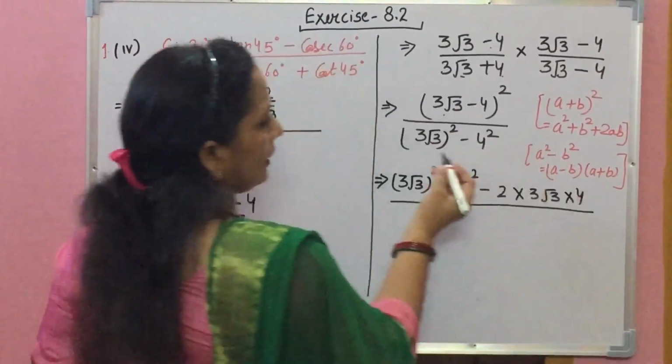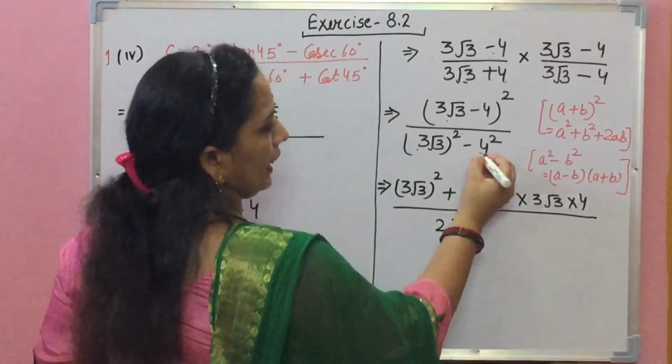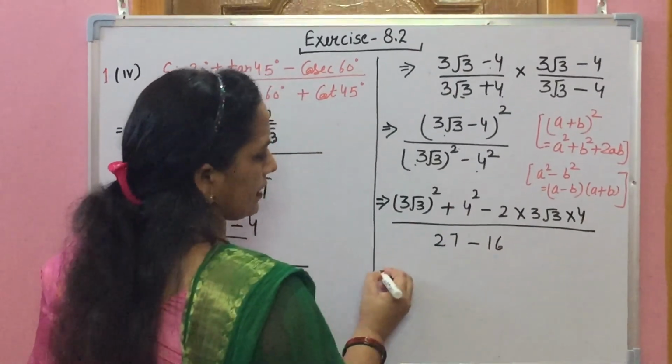In the denominator 3 square 9 and 27 minus 4 square, this is 16.